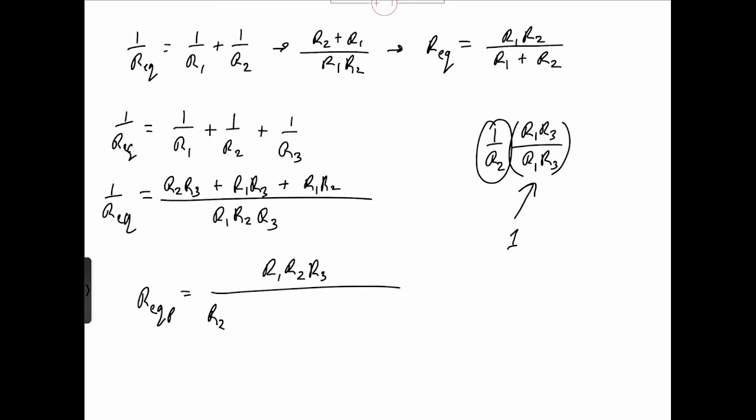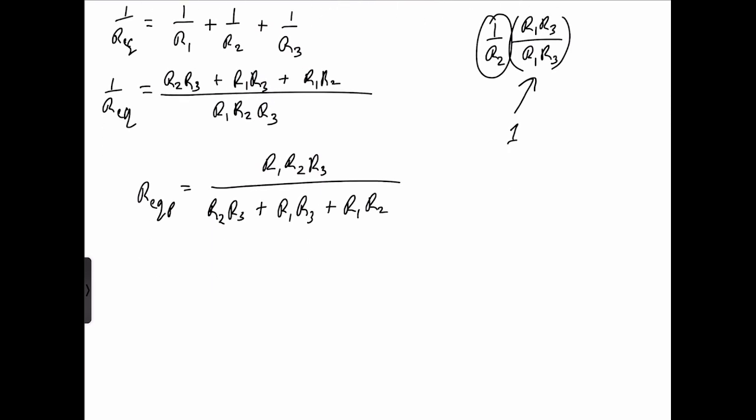If we omit R1, we get R2, R3, plus if we omit R2, we get R1, R3, plus if we omit R3, we get R1, R2. Omit means remove, or don't pay attention to that. So that's R equivalent for the combination of the 3 resistors in parallel.